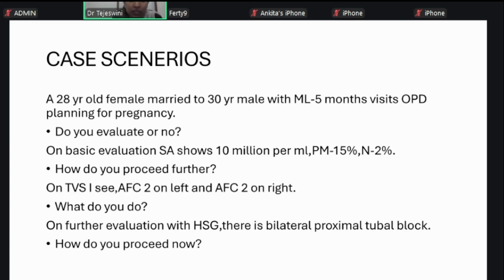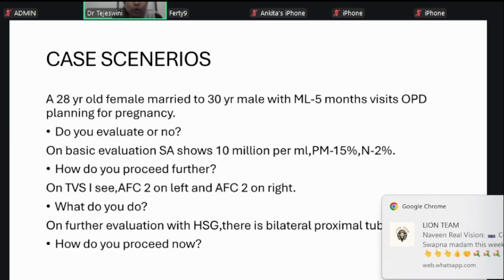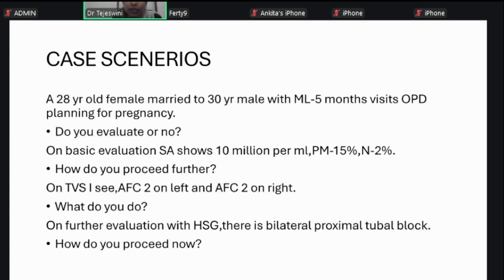So it's always our responsibility to catch such cases where there is diminished ovarian reserve and advise them accordingly so that they won't land up with donor gamete at a future date and they can be biological parents with your advice.